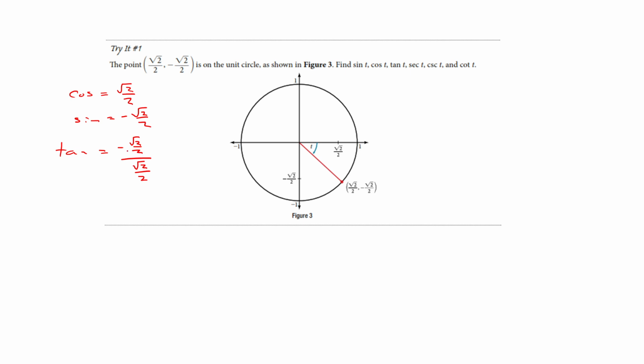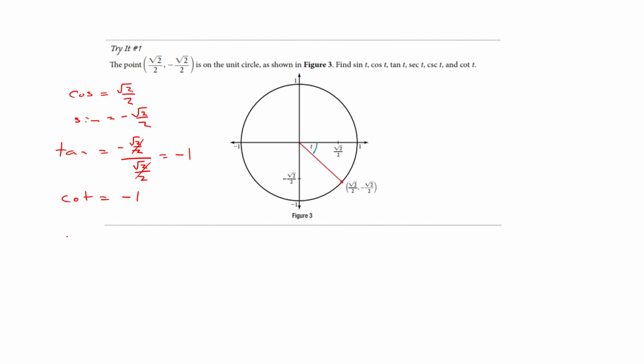So if we keep, change, flip this, do you see that I have the same thing over top of the same thing? So, or you could think of it, these are just going to cancel. And I'm going to be left with negative 1. Now, I'm going to go to cotangent here because this is going to be easy. Well, if I had flipped this upside down, I'm still going to get negative 1. You see, if I'd made it square root of 2 over negative square root of 2, they would cancel. I would still get negative 1.